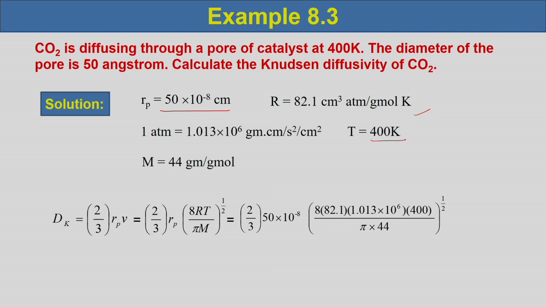Now, if we substitute, it would be 2/3 into R_p, 50 into 10 to the power minus 8, into (8 into 82.1 into 1.013 into 10 to the power 6 into 400 divided by π into 44) to the power half. So, if we solve it, it would be 0.0146 centimeter square per second. So, this is the value of the Knudsen diffusivity through the pores.